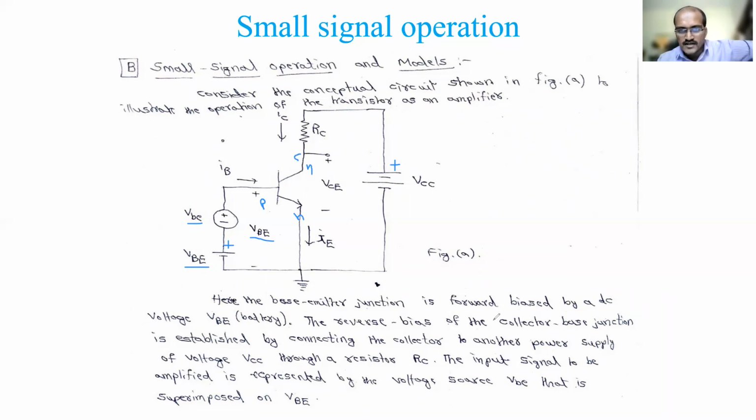The reverse bias of the collector base junction is established by connecting the collector to another power supply of voltage VCC, through a resistor RC. The input signal to be amplified is represented by the voltage source small vbe shown here in the network, which is superimposed on VBE, both superimposed.